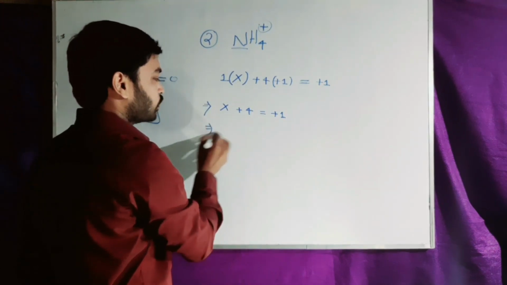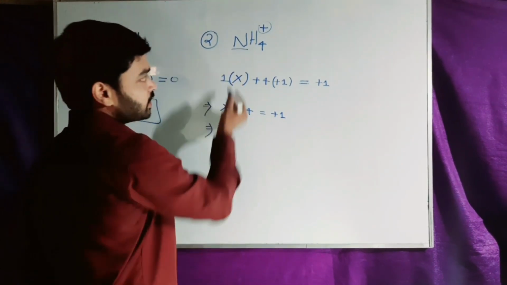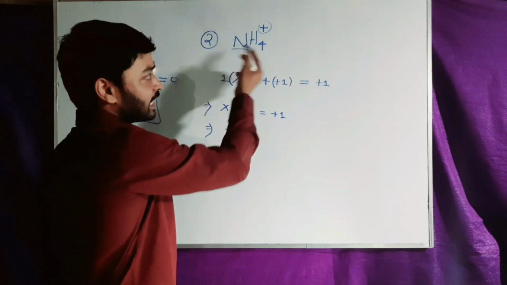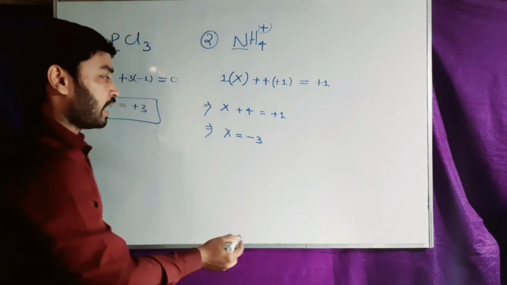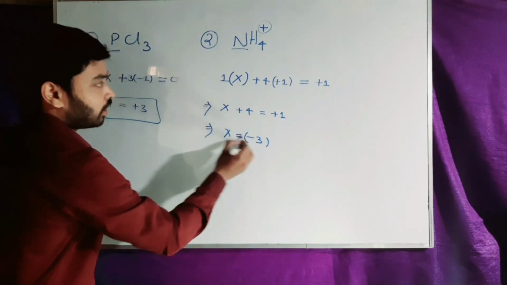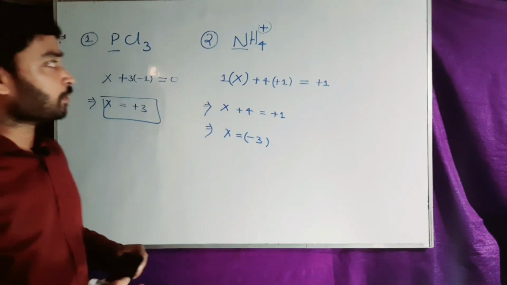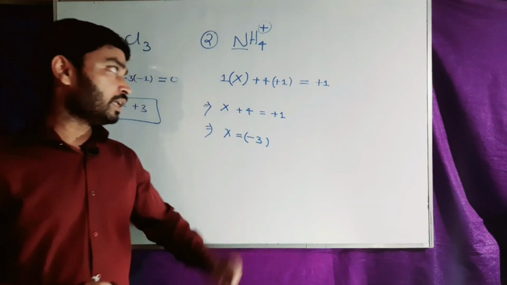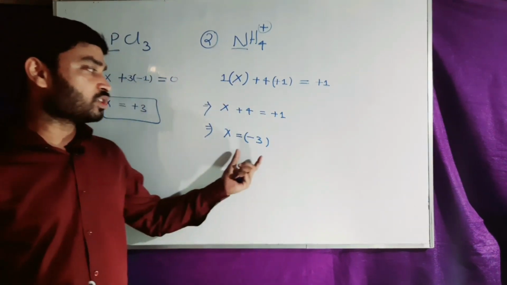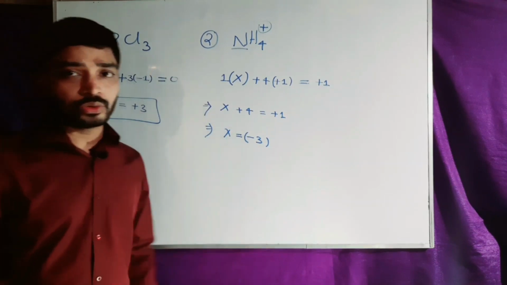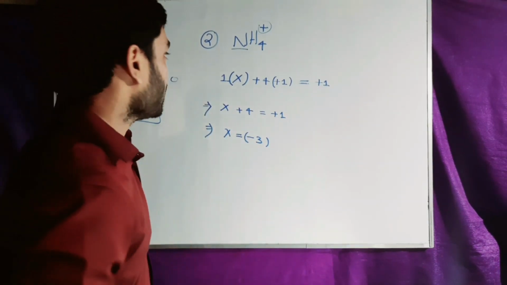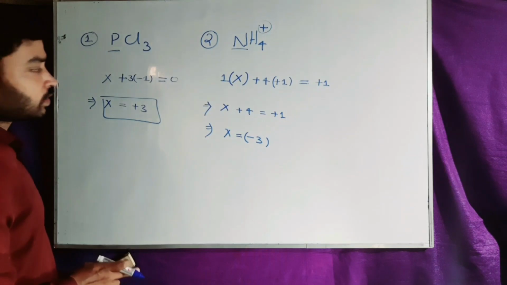So the x value for nitrogen, because x here always expresses nitrogen, will be -3, and it is the oxidation number value for nitrogen in the compound. So match your answer with the answer I have solved for you. Let's move to another question.